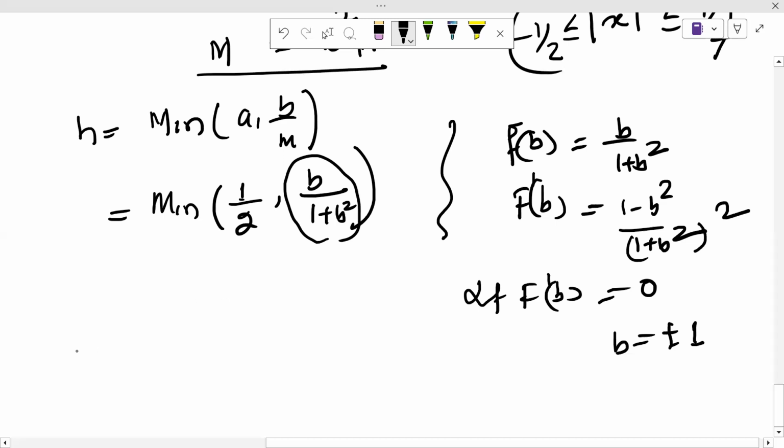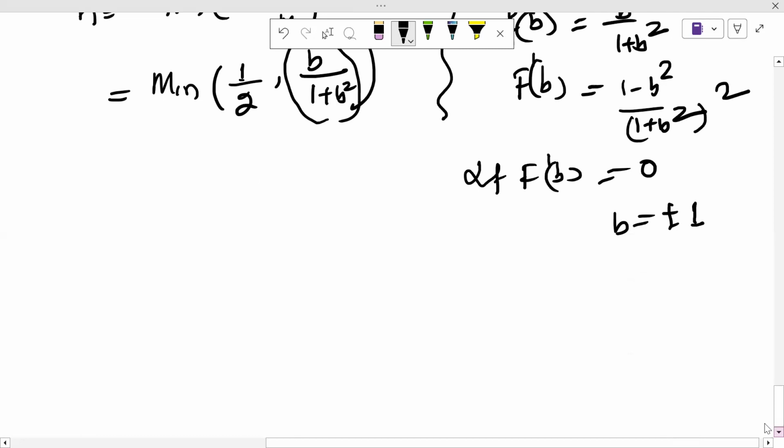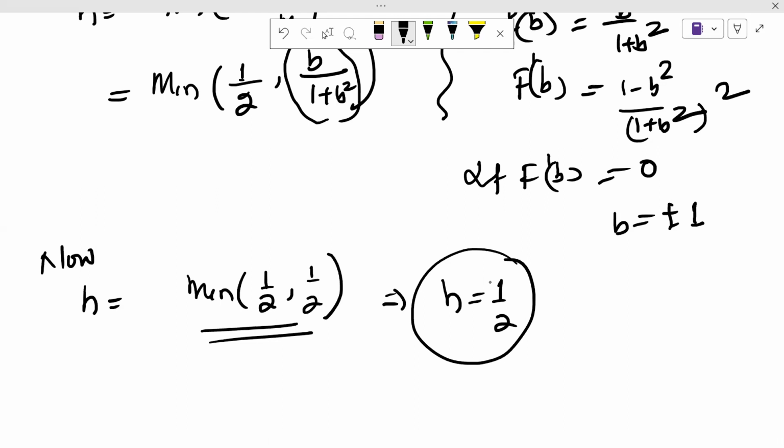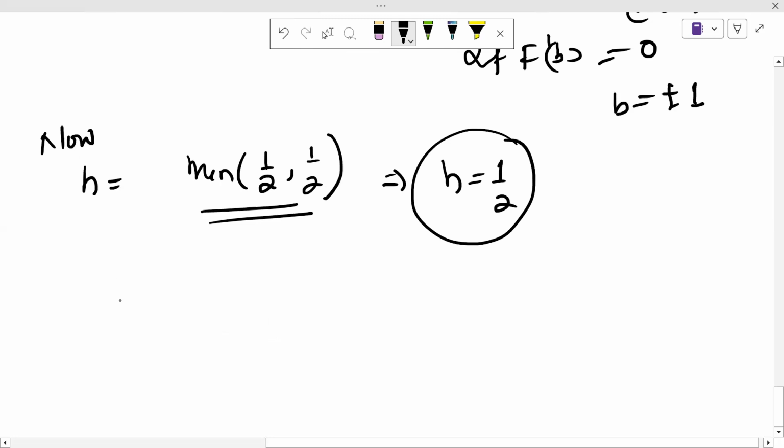Right? Then what is h? Now, what is h? Minimum of 1 by 2 comma 1 by 1 plus 1, that is also 1 by 2. Then both are the same value. So the minimum is half, h is half. It exists. So h is half. So the unique solution is defined.